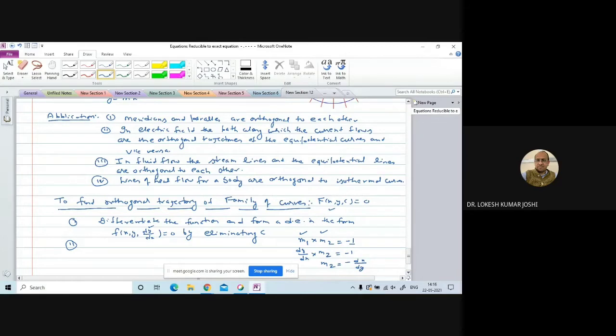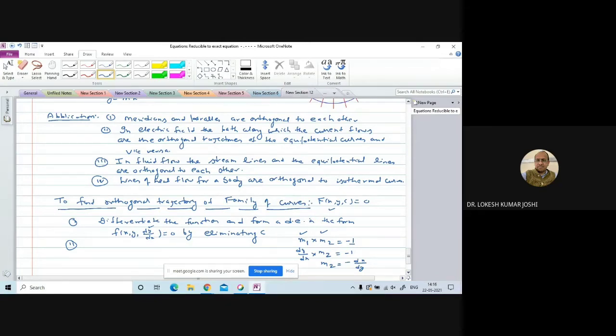You have generated the slope of the second curve, and as soon as it is generated, we have a differential equation for the second curve. If we solve that differential equation, we get the particular curve which is perpendicular to the first curve.